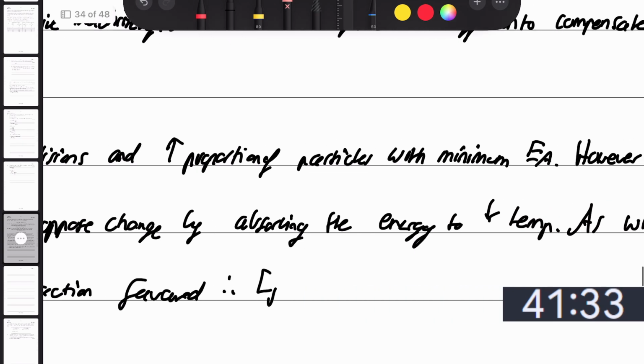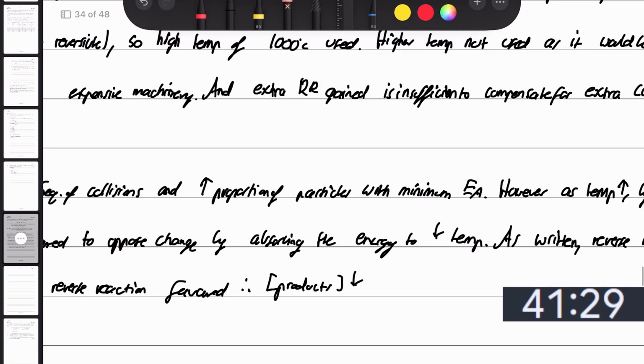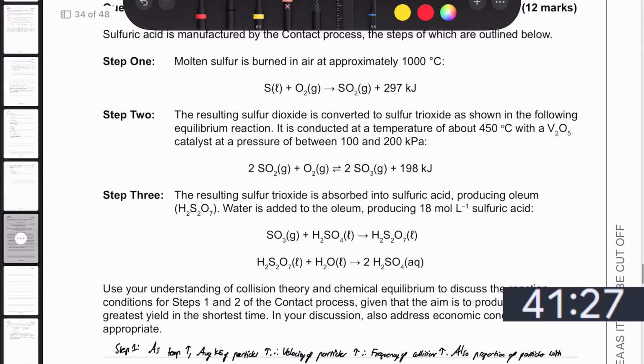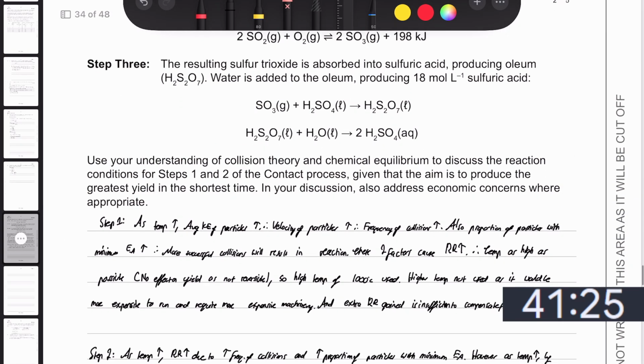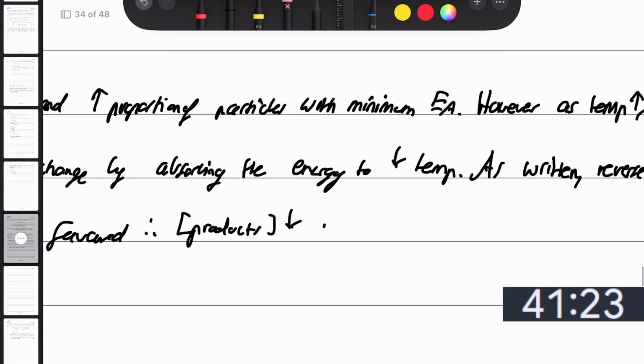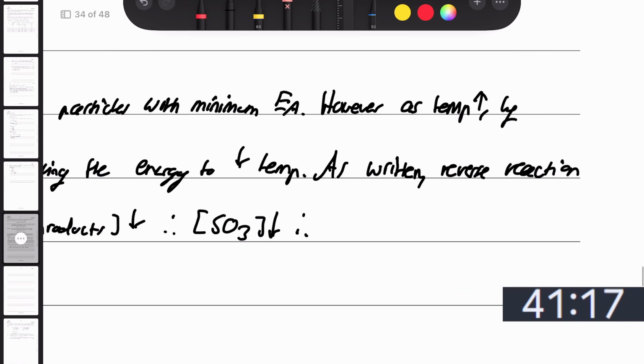Therefore, concentration of products decreases, so SO3 will decrease, and the yield will decrease.